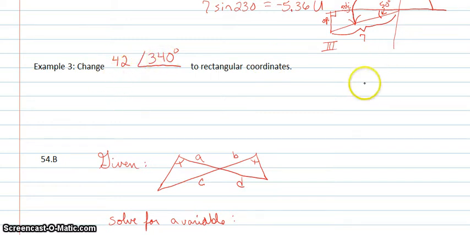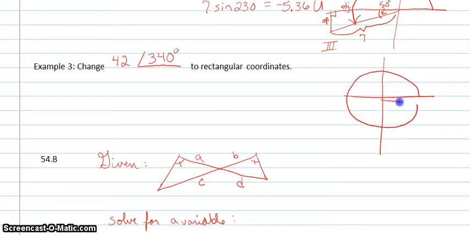Alright? Then on our last example of changing to rectangular coordinates, we have a magnitude of 42 at 340 degrees. Okay, so this goes all the way around here until about so. And this is 20 degrees as our reference angle if you wanted to use that.